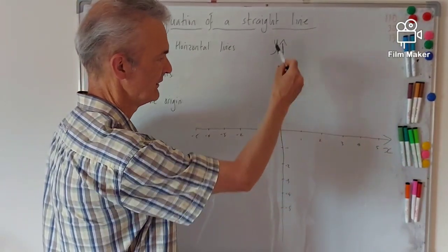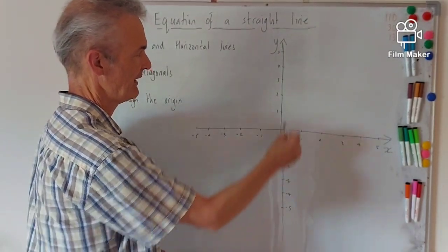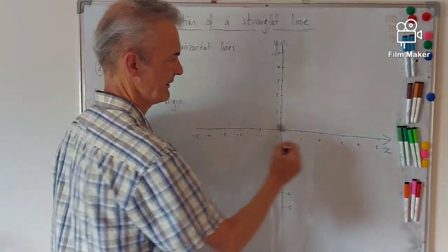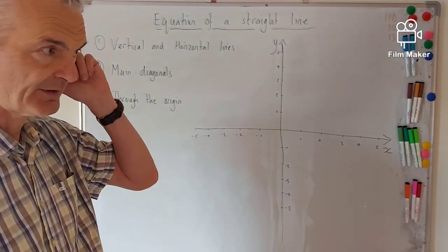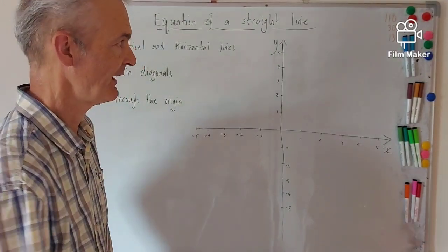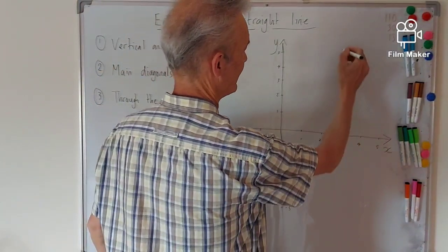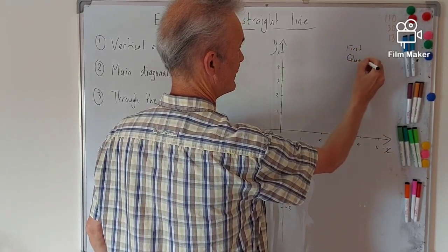So here I've got my coordinate grid. This part here is the y-axis, this part here is the x-axis. Now we refer to quadrants on our coordinate axis. This quadrant here we refer to as the first quadrant.